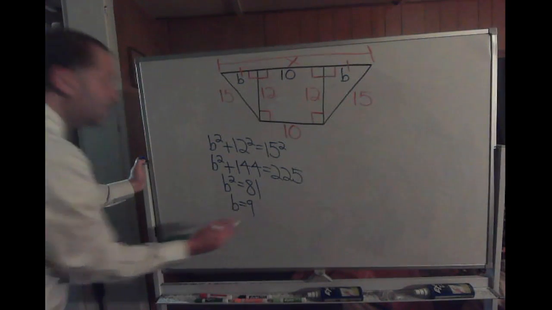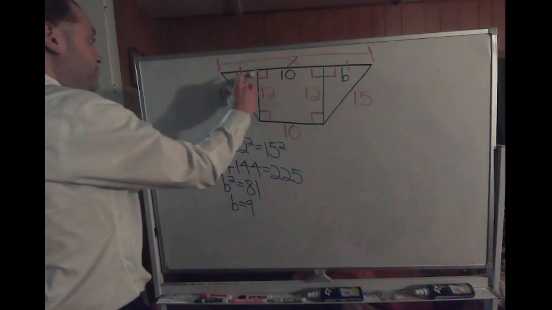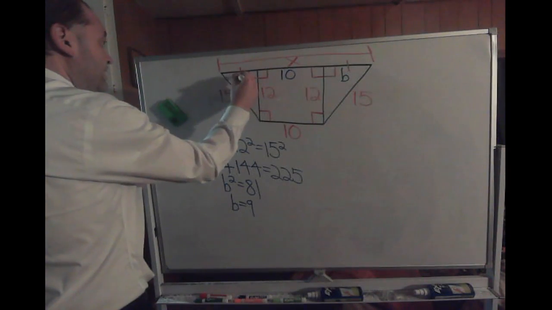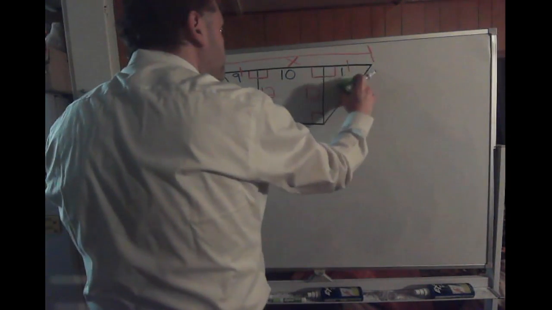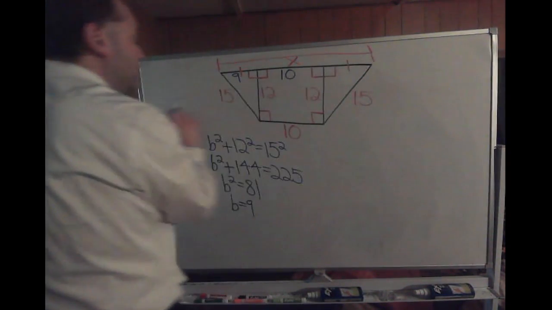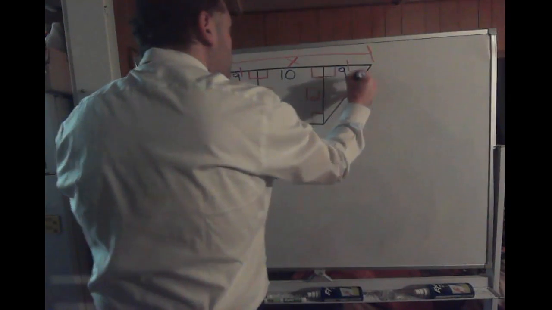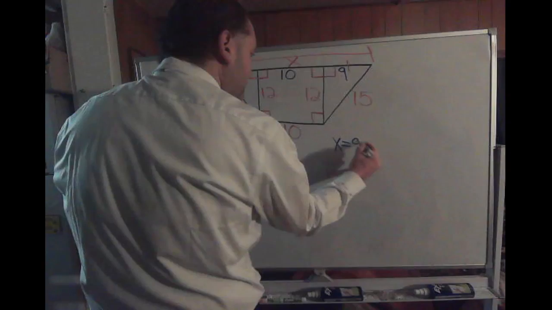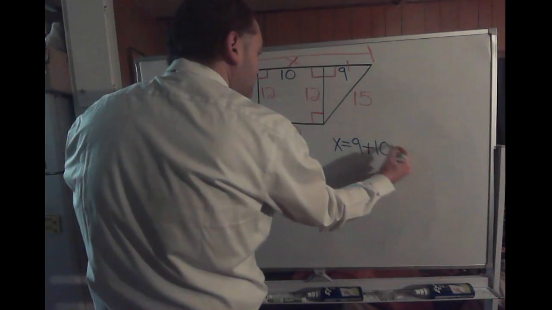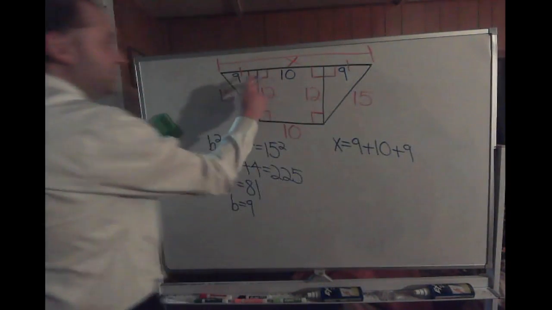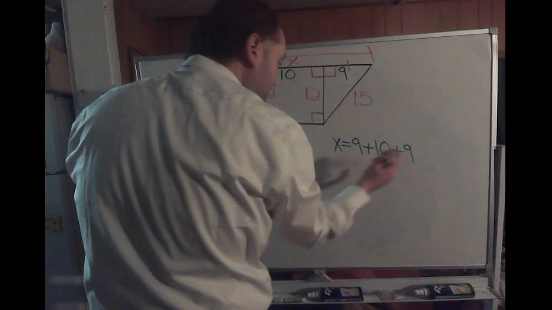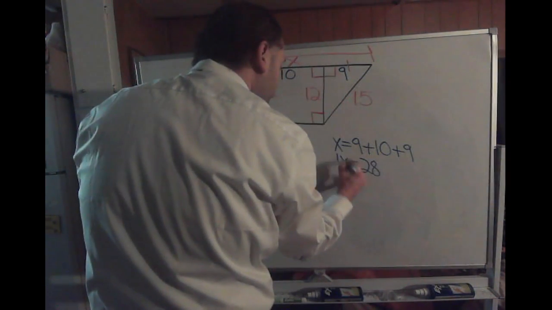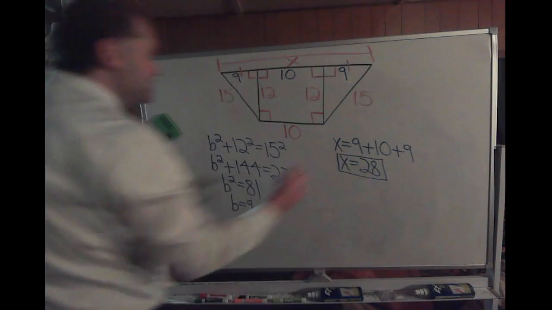So b equals 9. Each of these legs of the right triangle has a length of 9. Now finding the length of x is easy. x is simply equal to 9 plus 10 plus 9, right? You take the length of each of these segments, you get 19 plus 9 is 28. So the length of x is equal to 28.